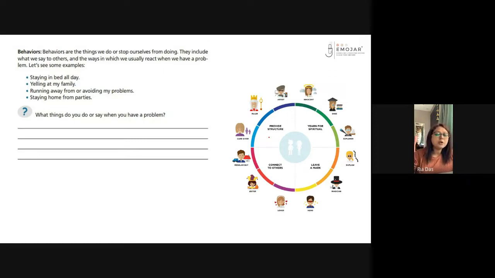When the monster arrives, how do you behave when you have that problem going on still in your head? These are the examples given: staying in bed, yelling at others, running away or avoiding the problems, or staying home from parties. Maybe for this situation, it's staying home from any other social interaction.